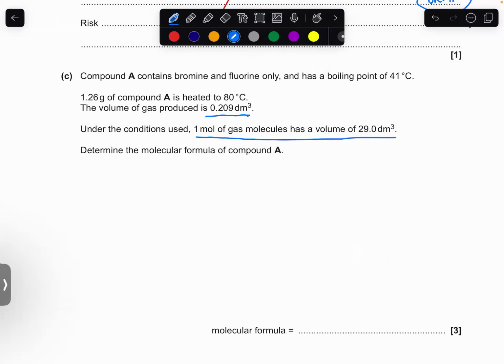So, if we do volume divided by the molar volume per mole of gas, 0.209 dm cubed divided by that gives 0.0072068965 moles.